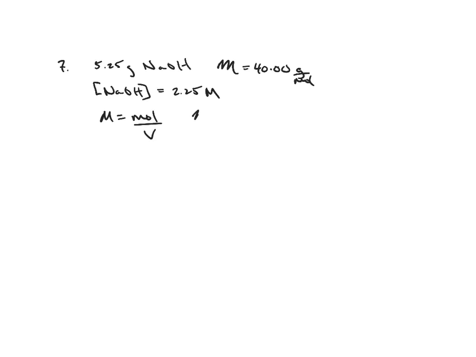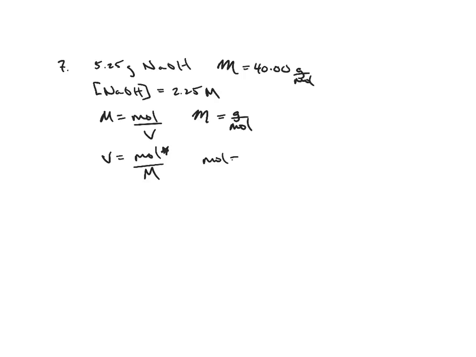Molarity is moles over volume. Molar mass is mass over moles, grams over moles. And we want to know V. So solving that for V is moles over molarity. But if we want to plug in for the moles here, we're going to rearrange the right equation.